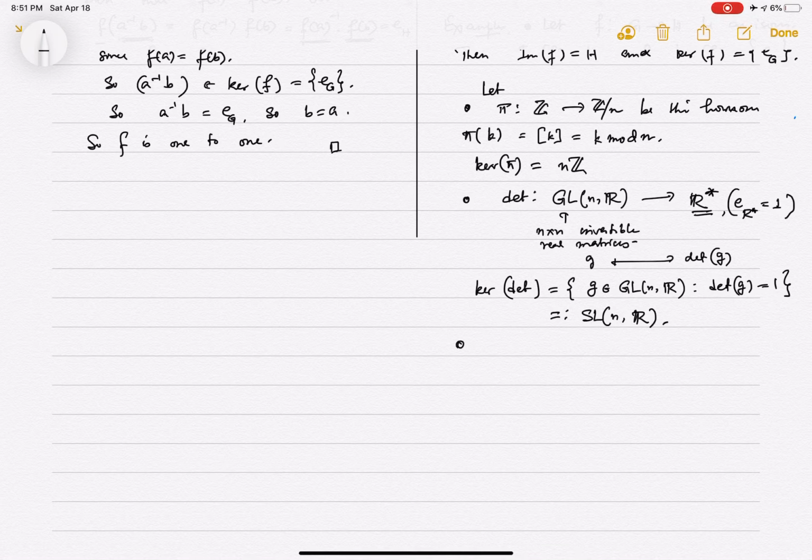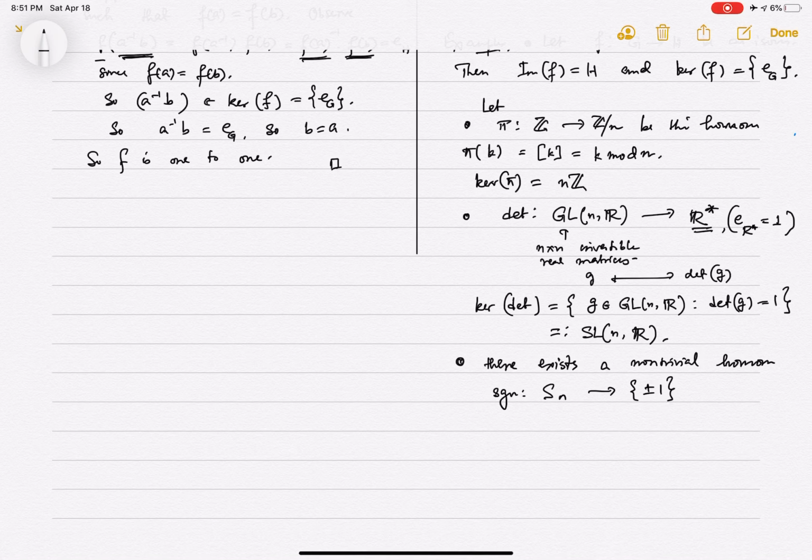We'll see when we study permutation groups next that there exists a rather famous non-trivial homomorphism called the sign homomorphism, from the permutation group of n letters to the group of two things, plus minus 1, under multiplication. So this is a subgroup of multiplicative real numbers.